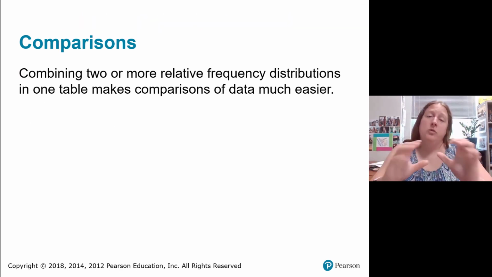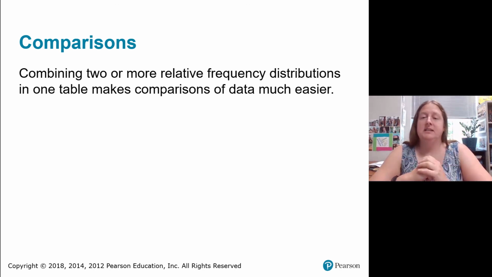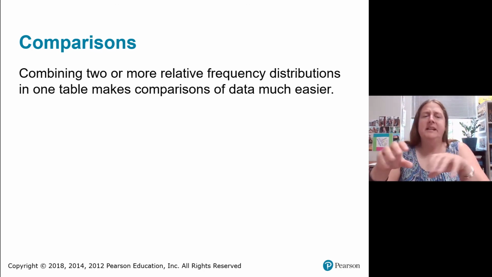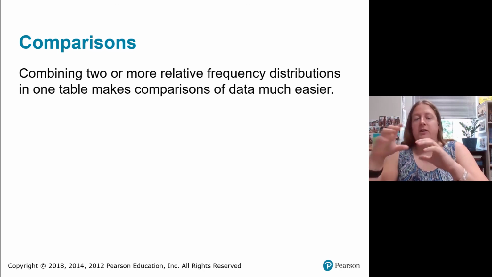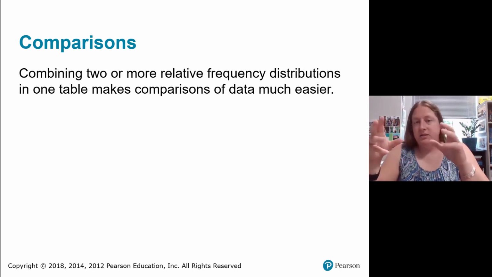Another thing when we're looking at these things is we can do comparisons. Frequency distributions without using the relative frequency can be a little bit misleading to use for comparing, but relative frequencies make it apples to apples. It doesn't matter how many pieces of data we had from each of the data sets that we're trying to compare, because percentages don't care.